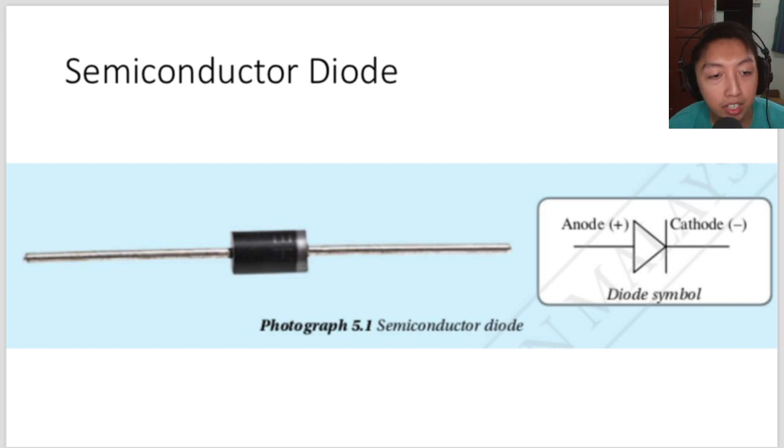So this is what a semiconductor diode looks like. We have this little black thing and a little silver thing. If we were to draw it in a circuit, this is the symbol. We have the anode and the cathode. Just remember that the triangle is pointing in the direction of the current, our conventional current.